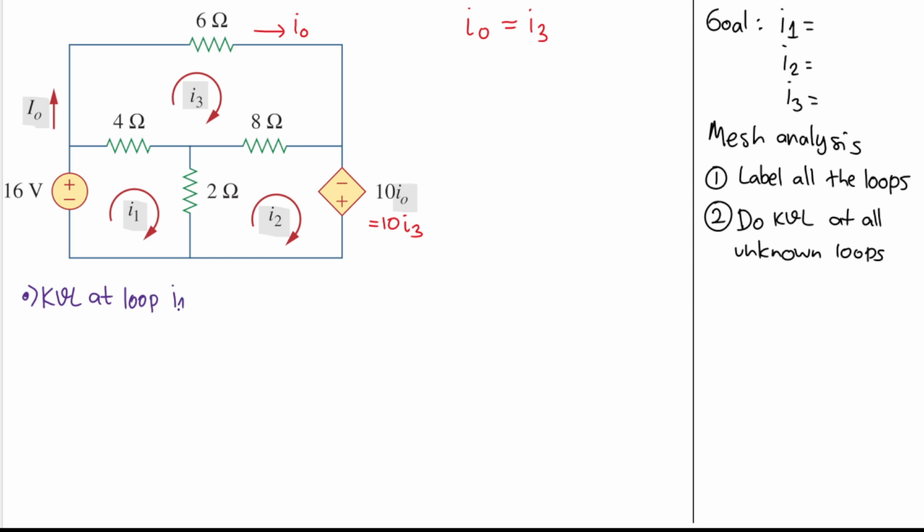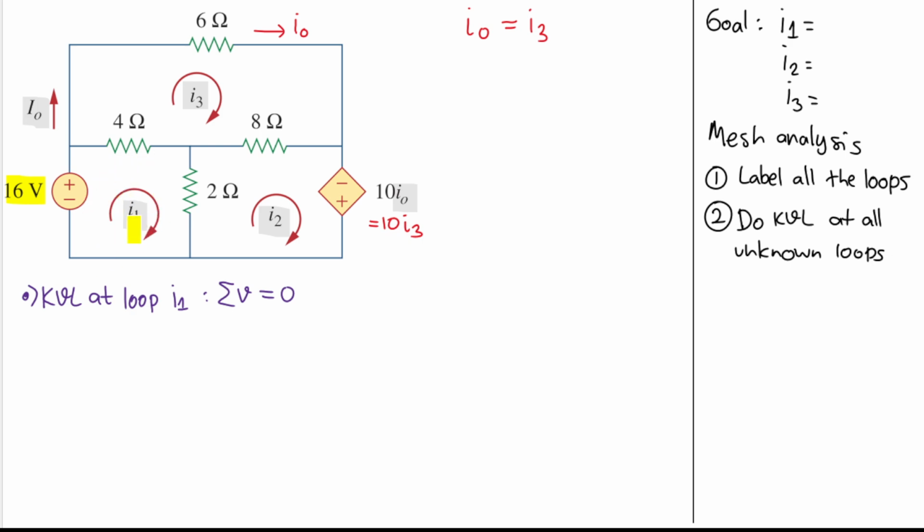Okay, what does KVL say? KVL says that the sum of the voltages in a loop will equal 0. But we have to be very careful about the sign. Let's start from this 16-volt voltage source.